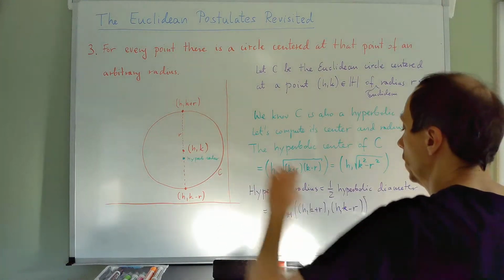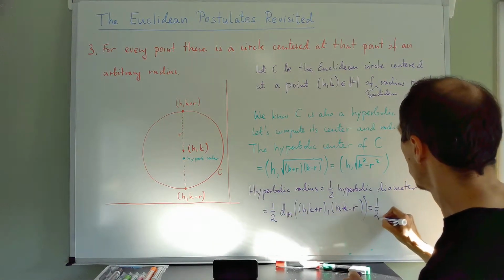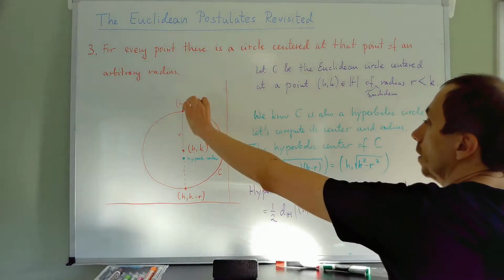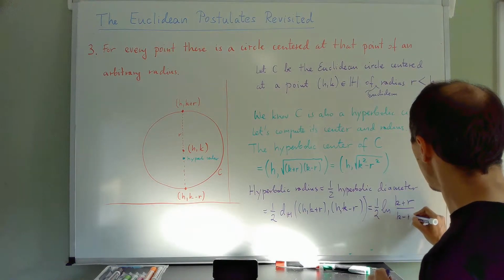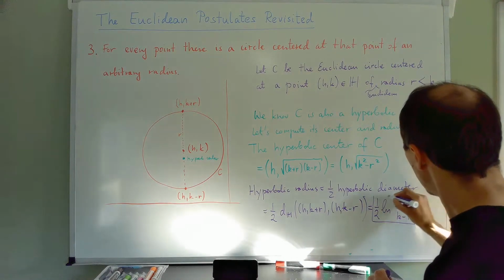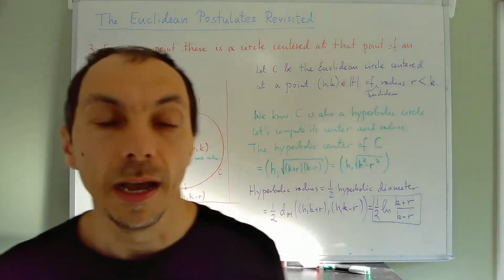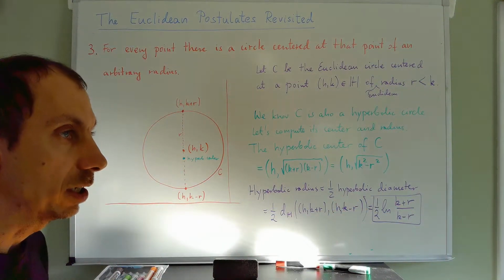But these points are vertically aligned, so I know how to compute their distance: it's the natural log of the ratio of the y-coordinates. So this is now the hyperbolic radius.